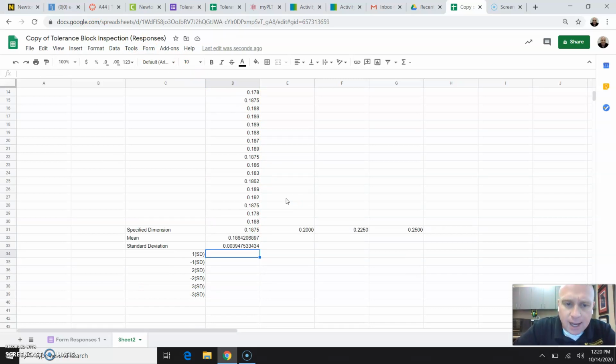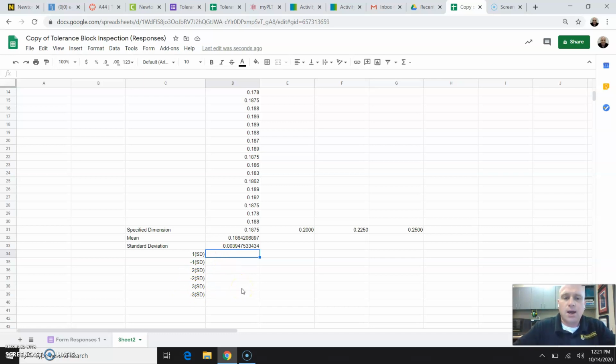We're also going to be looking at, if we take our mean value, our average, and we add a measure of variance to it at different intervals, what does that look like in our data? And so we have 1 standard deviation, -1 standard deviation, 2 standard deviation, -2 standard deviation, 3 standard deviation, and -3 standard deviation.